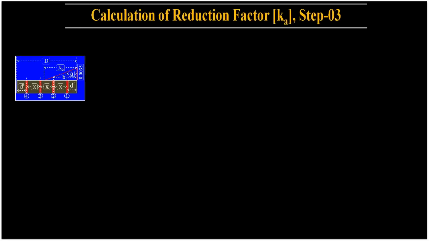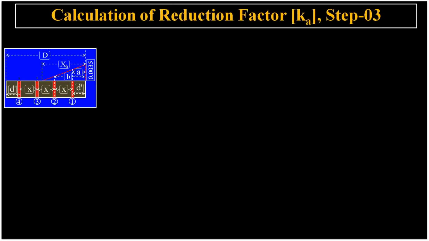Title of this slide is, Calculation of Reduction Factor Ka, Step 03. Column section and strain diagram. Now, we are seeing a column section along the XY plane. That means, longitudinal section of the column.